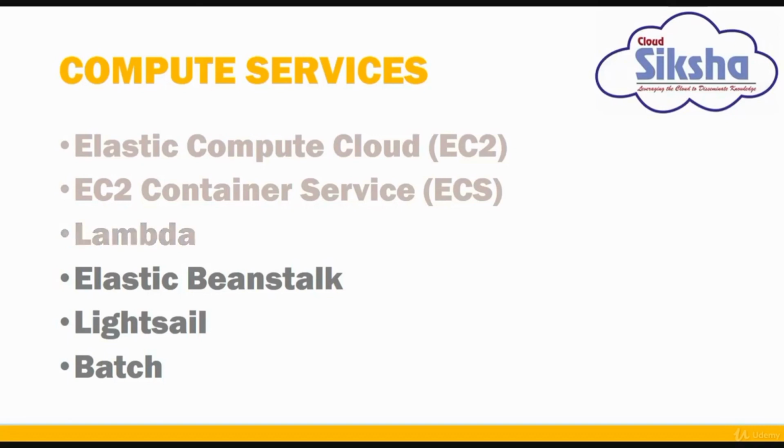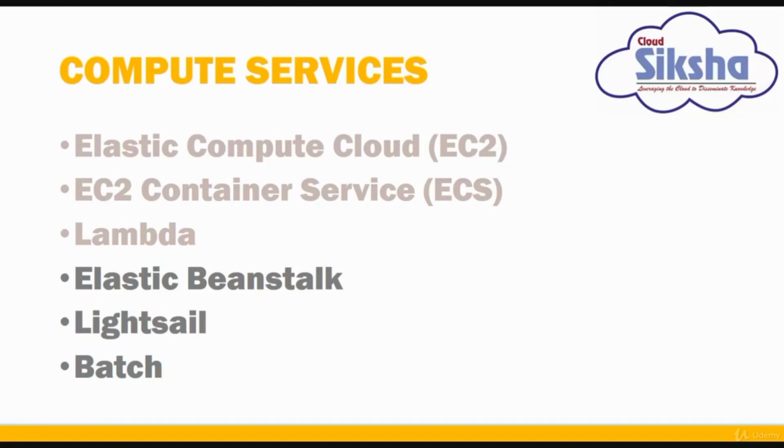The next service that we will see is called Elastic Beanstalk. Elastic Beanstalk is a platform as a service offering from AWS. Basically, it is for deploying and scaling your web applications.